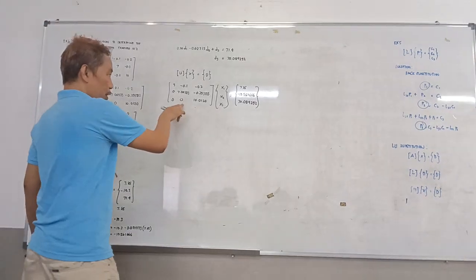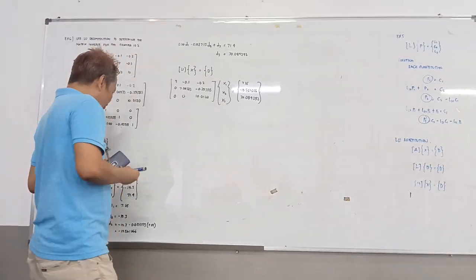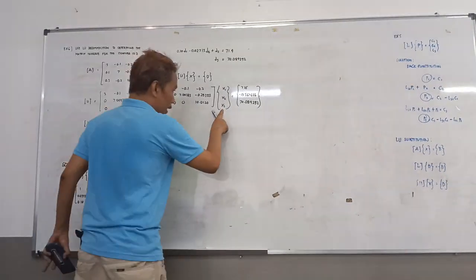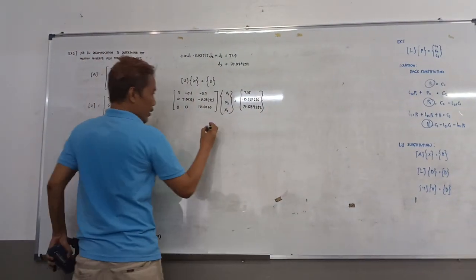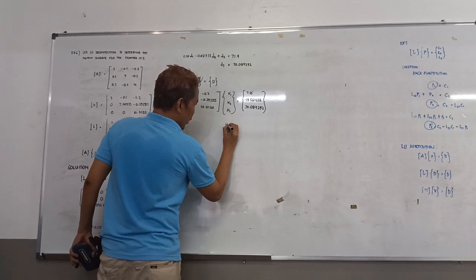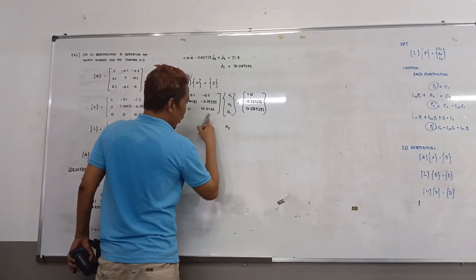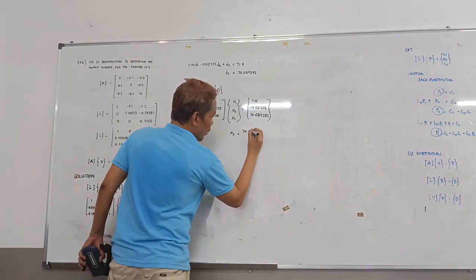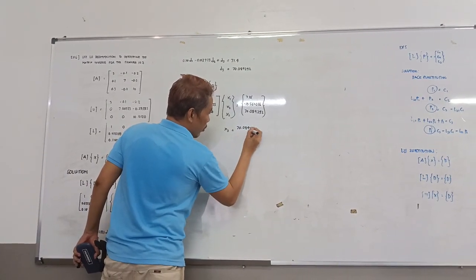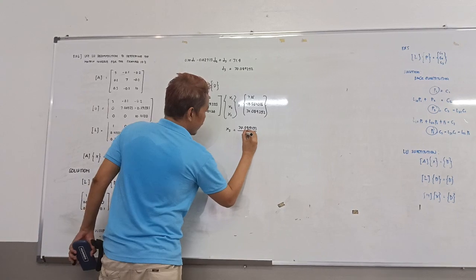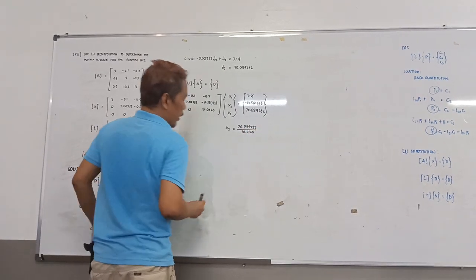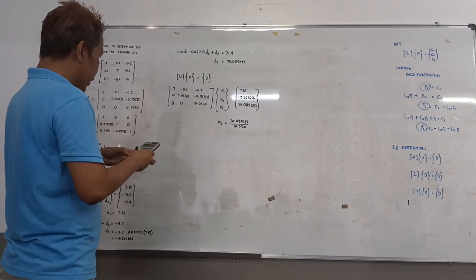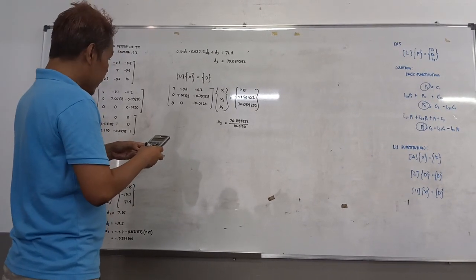Let us use another back substitution. This time we can solve x3 first, because x3 multiplied by this coefficient is equal to this value. We just divide 70.084292 by 10.012.